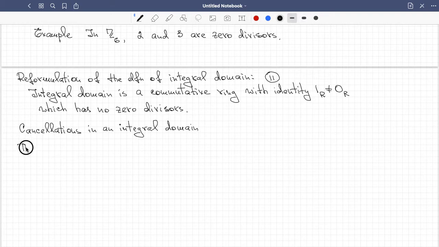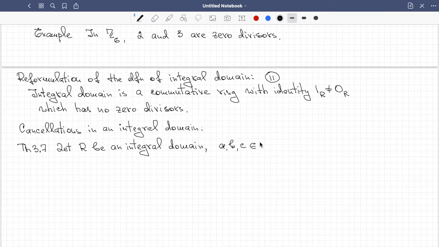That is what theorem 3.7 tells us. Let R be an integral domain, and A, B, C elements of R with A different from 0.